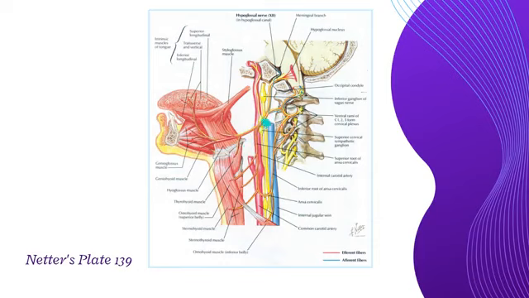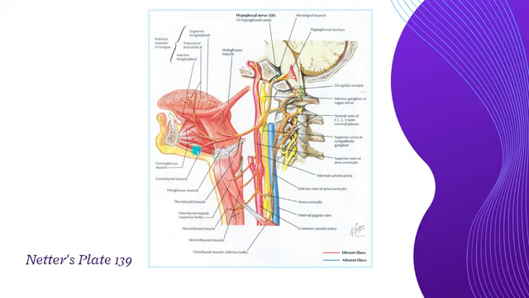So C1 kind of hitches a ride with the hypoglossal nerve. The branches of the hypoglossal nerve will only supply muscles of the tongue. The fibers that appear to be coming from the hypoglossal nerve and innervating those infrahyoid muscles are going to be fibers from C1.